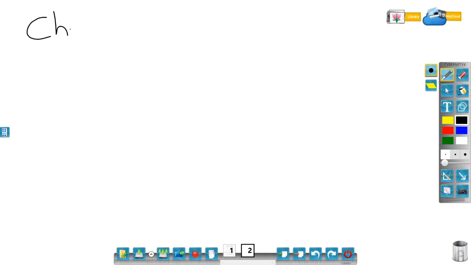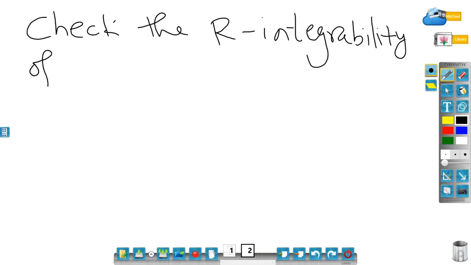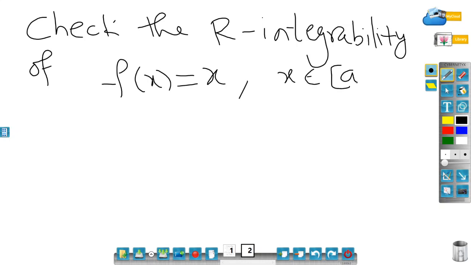Check the R integrability of f(x) = x, where x belongs to the closed interval [a, b].